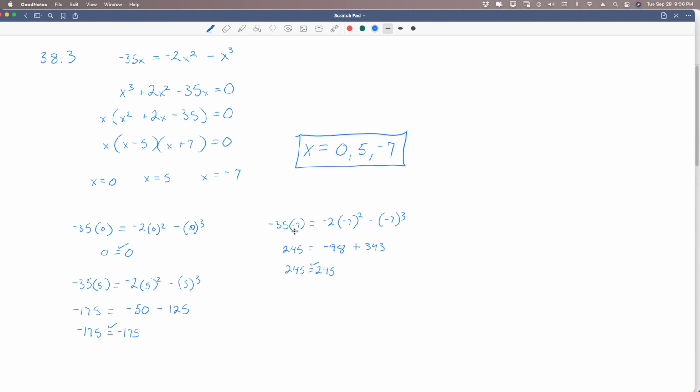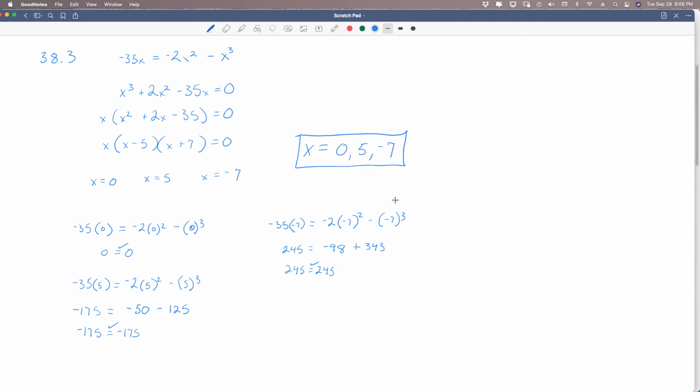Then we tried our negative 7, and we did the multiplication, and 245 equals 245 when we did all the math. So that one checks. So x could be 0, 5, or negative 7 for this problem. If you got 0, 5, or negative 7 as your solutions for this problem, then you are correct.